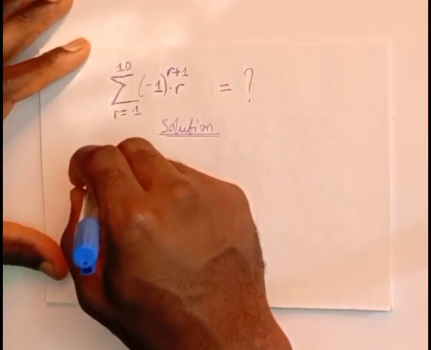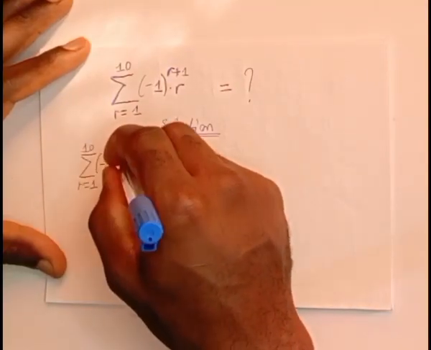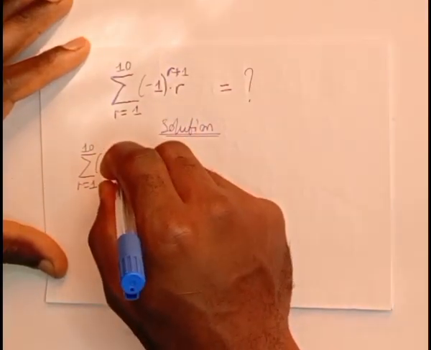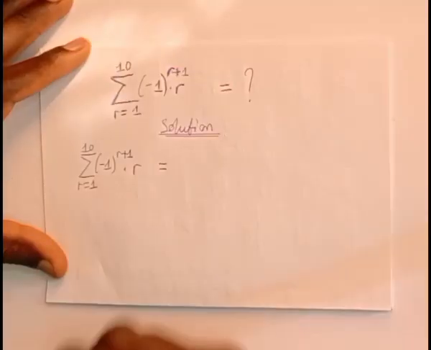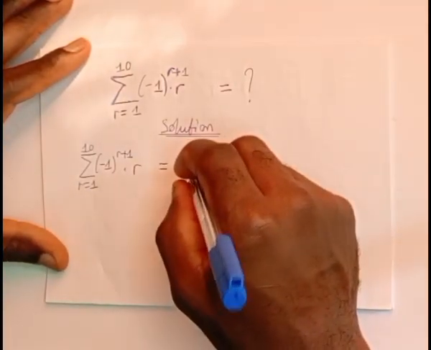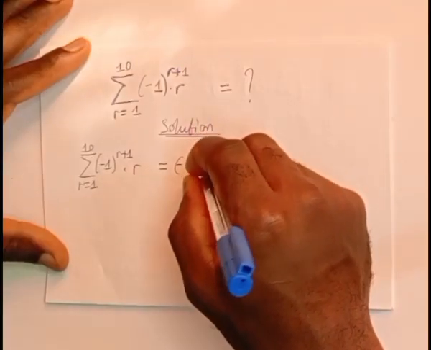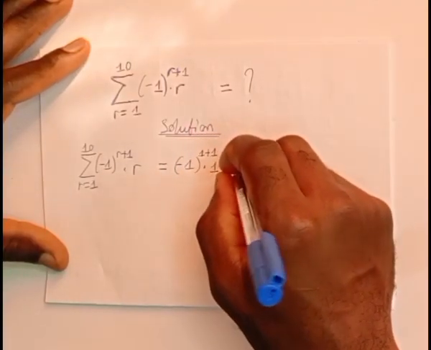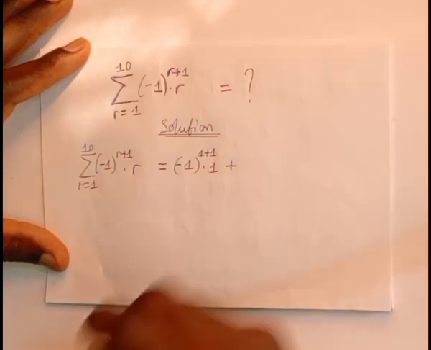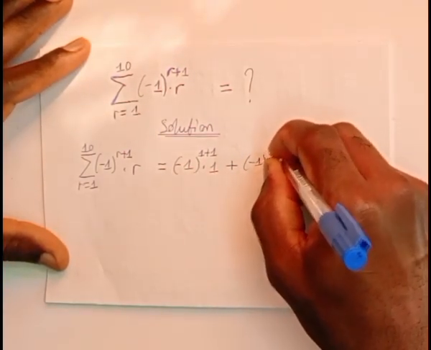Summation r equal to 1 right up to 10 of negative 1 raised to the power r plus 1 times r is simply equal to, for the first term, when r is 1, this gives us negative 1 raised to the power 1 plus 1 times 1 plus the second term, when r is 2, negative 1 raised to the power 2 plus 1.